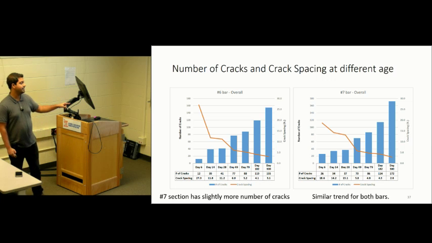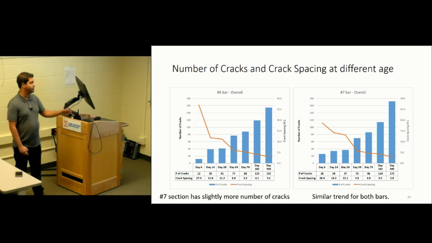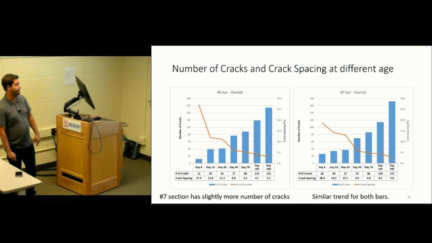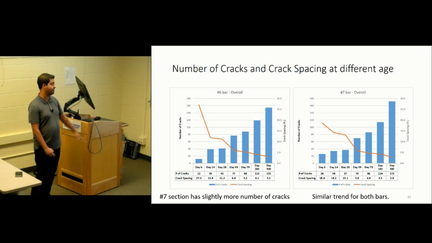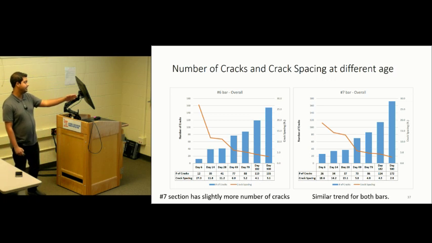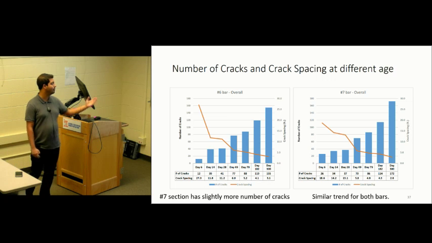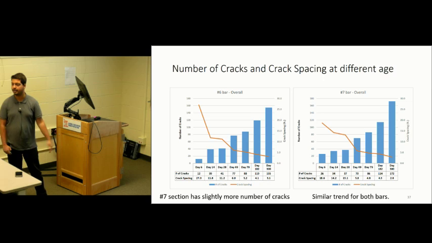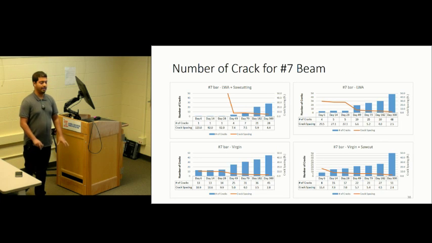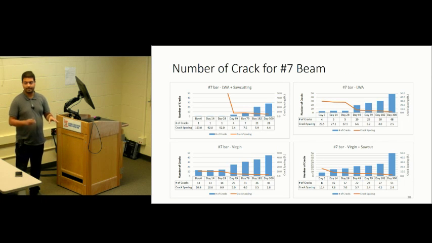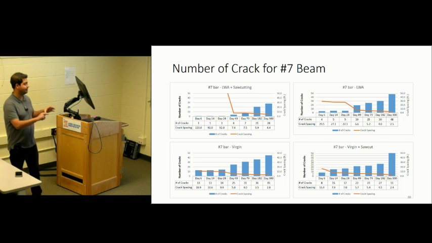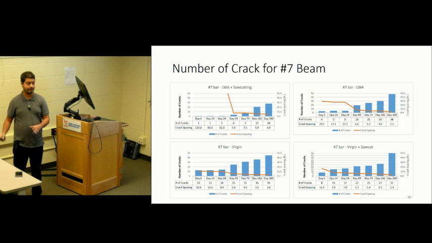But the trend is similar in both of these. There is not much significant difference in the rate at which the cracks develop. And at around day 300, the crack spacing is around 3.1 feet in number 6 versus 2.8 feet in number 7 bar.